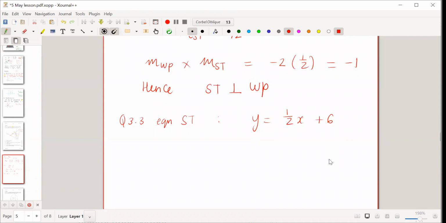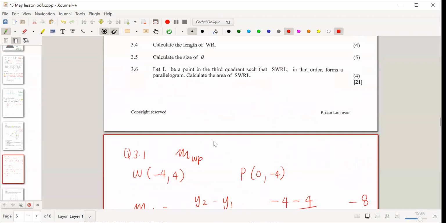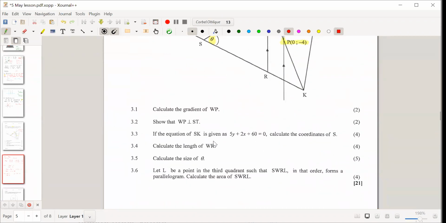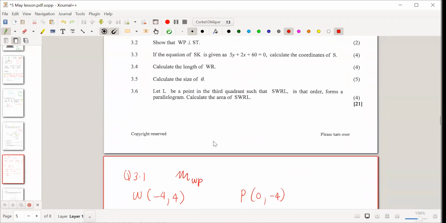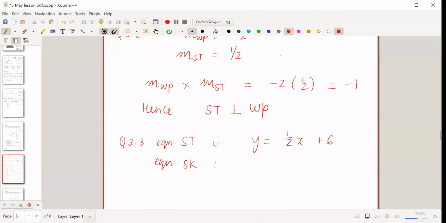And then we're also told the equation of SK, what was that given by? Let's go back. SK: 5y plus 2x plus 60. Let's write that down. 5y plus 2x plus 60 equals 0.